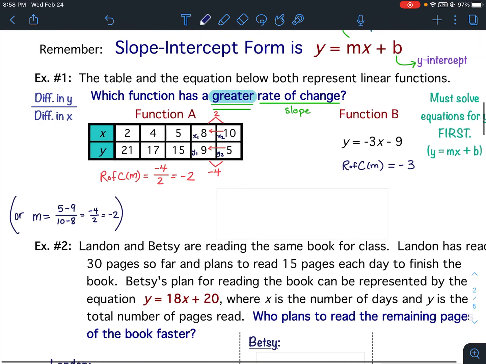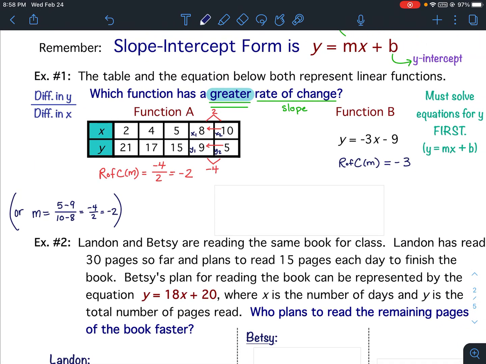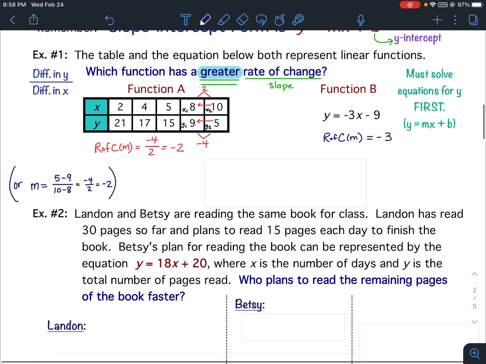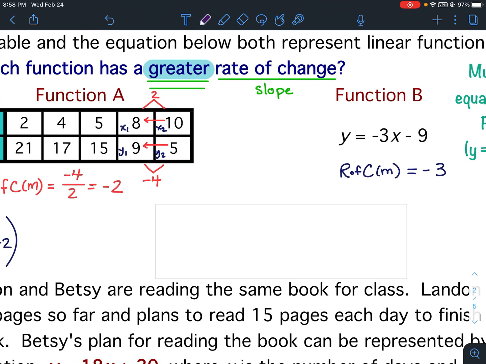Okay. Now, we have to compare the two. So, for function a, my rate of change is -2. For function b, my rate of change is -3. Now you need to be careful.